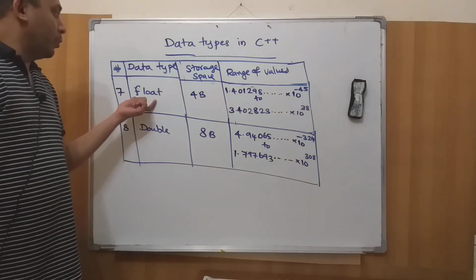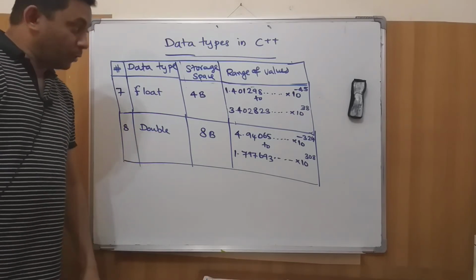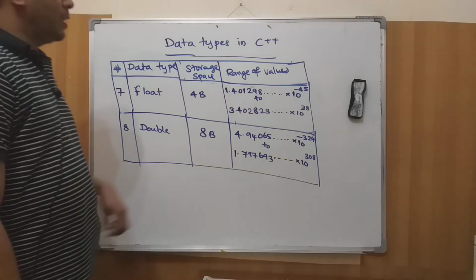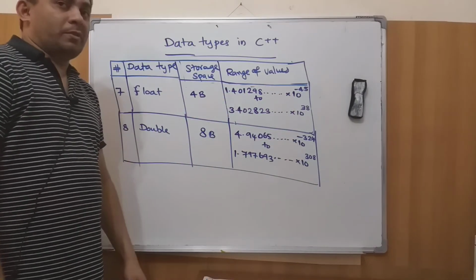When you define a float, 4 bytes of storage are allocated in memory. This is also a signed type, and using it we can represent a number like 1.401298 times 10 to the power minus 45.